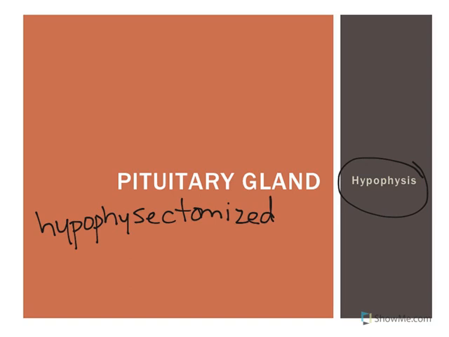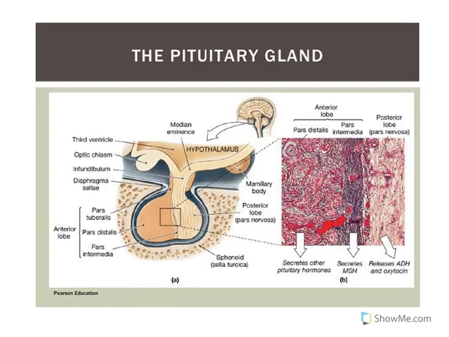The pituitary gland is located within the sella turcica of the sphenoid bone. And this is actually lined by something called the diaphragma sellae, which is composed of dura mater.